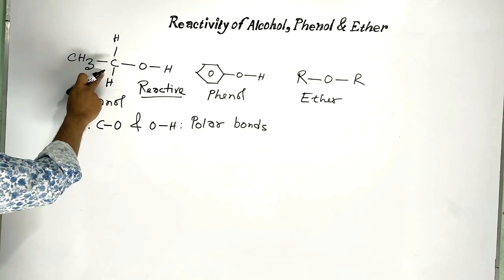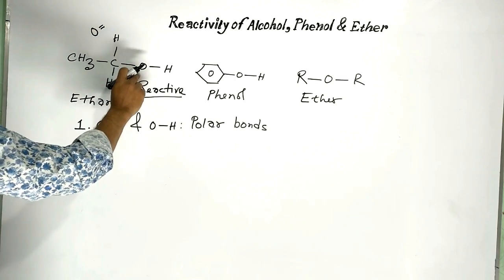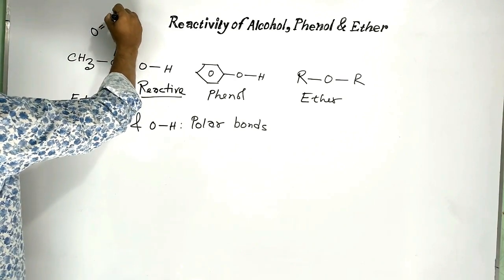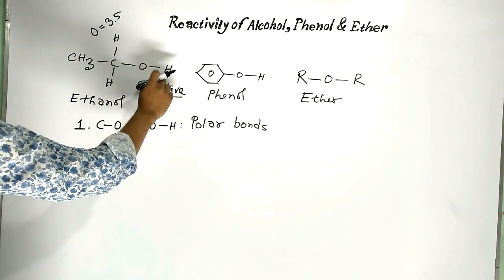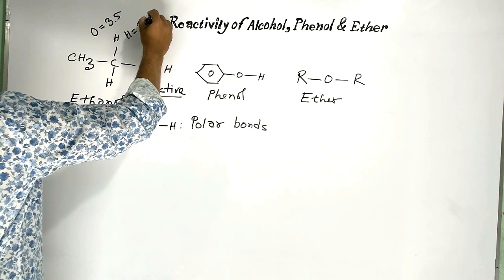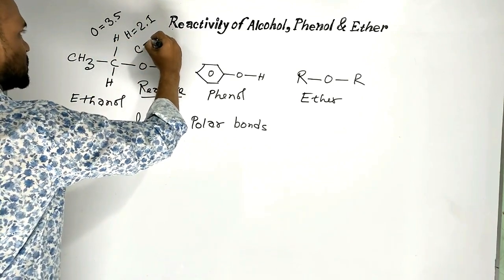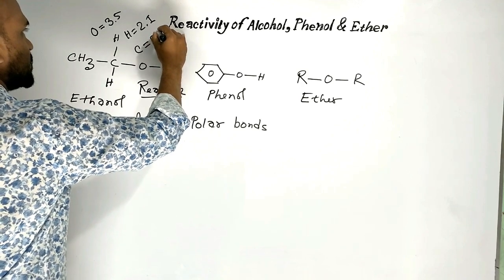Why is this polar? Because here electronegativity of oxygen is 3.5, but hydrogen's electronegativity is 2.1 and carbon's electronegativity is 2.5.